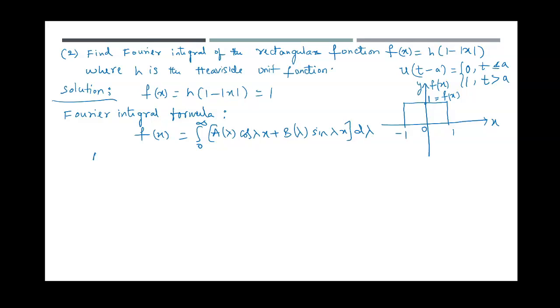Now we know a(lambda) equals 1 by pi integral minus infinity to infinity f of t cos lambda t dt.